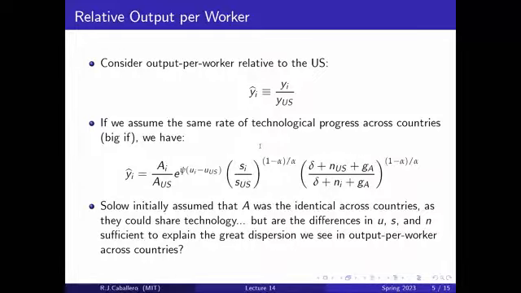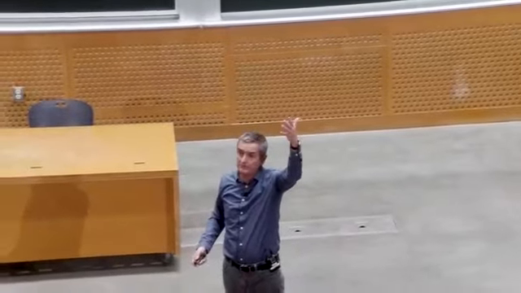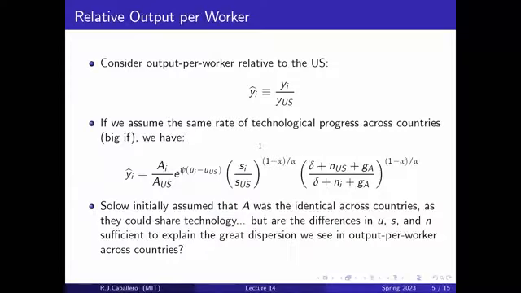And so that means that countries that have a higher saving rate will tend to have, we know that in balanced growth, higher output per capita. So if Singapore has a higher saving rate than the US, that will tend to give Singapore a higher income per capita, okay? If a country has higher population growth, then it will tend to have a lower income per capita, and so on and so forth.